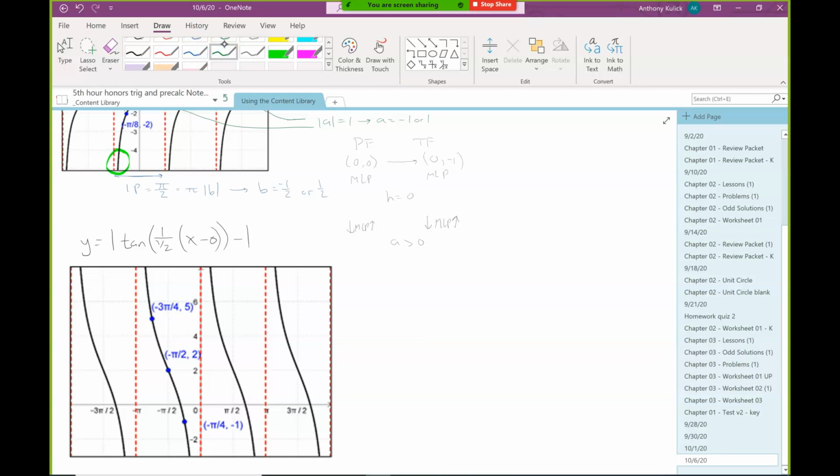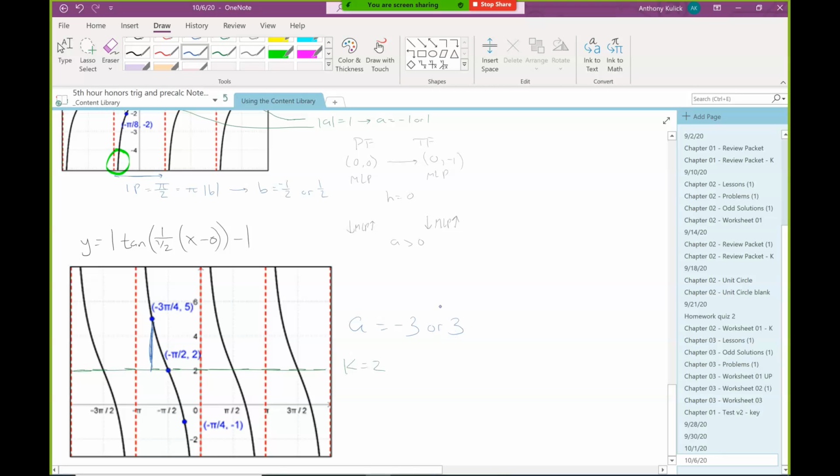Okay. So again, start with our k. Everybody's good with that? And then we'll find our a. Oh, I'm dumb. I didn't look at the scales at all. That should be 3 or -3.